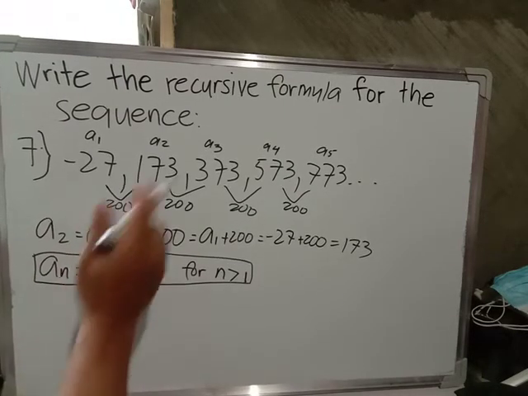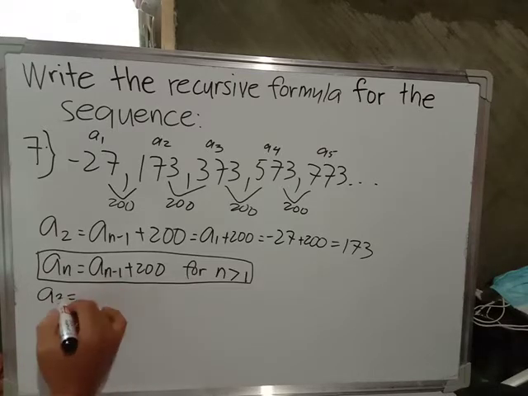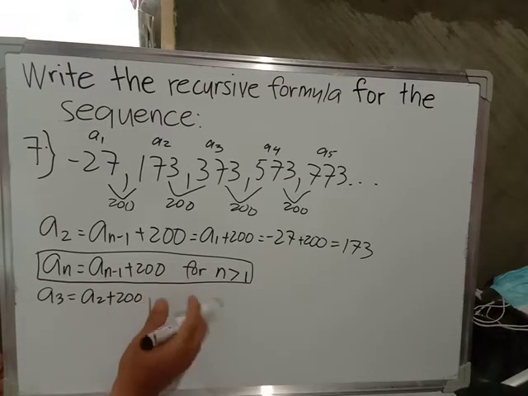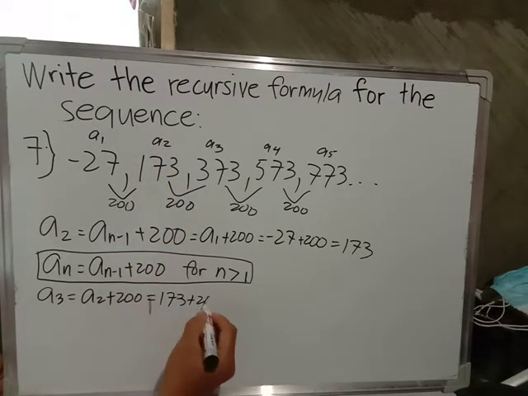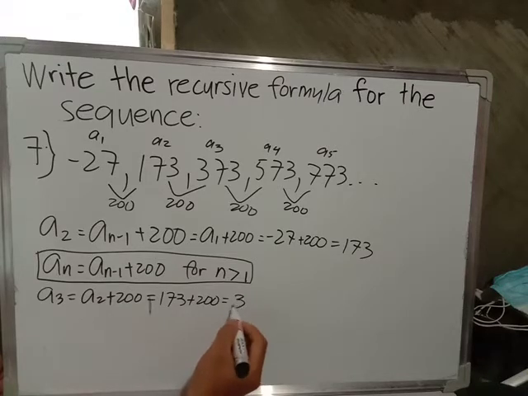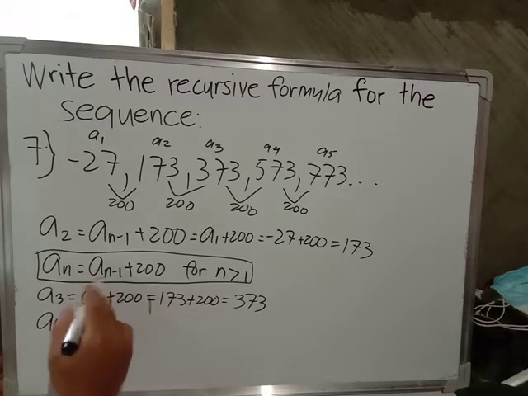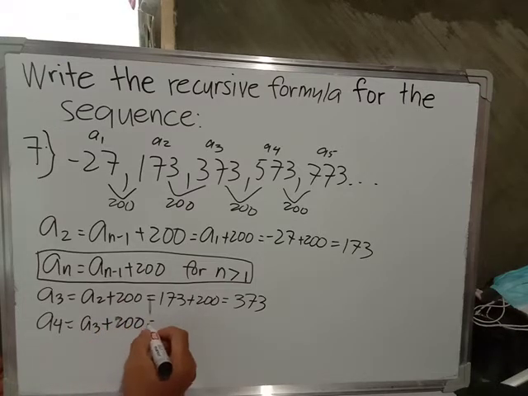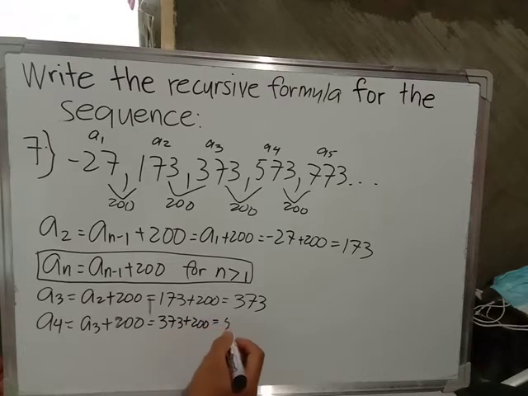Kung i-try natin n equals 3, kasi nandiyan naman si a2, a3 is equal to n minus 1, 3 minus 1 is a2, plus 200 is equal to a2 natin is 173, plus 200 is equal to 373. a4 naman, since n minus 1, 4 minus 1 is a3, plus 200 is equal to a3 natin is 373 plus 200 is equal to 573.